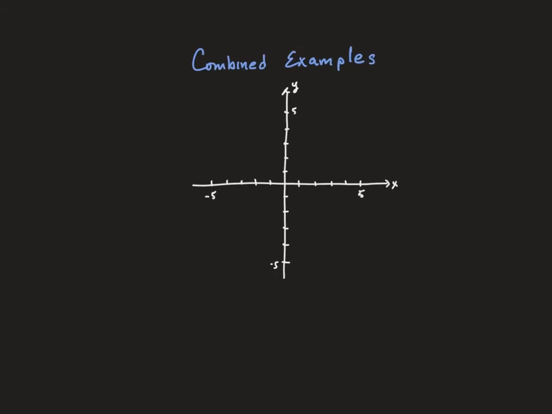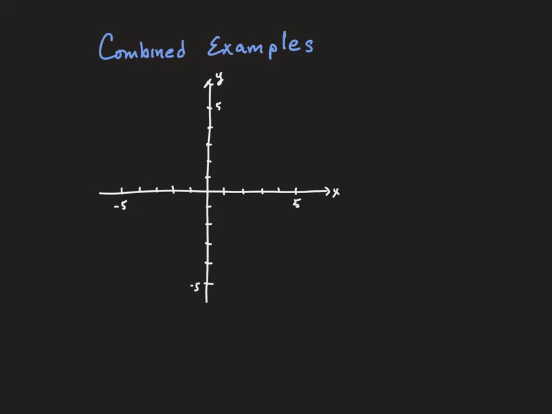So looking at combining these, if we have y is equal to x minus 2 squared plus 3, we're going to look at that and say, hey, h is greater than 0, so we are going to be going right 2, and then k, we are going to be going up 3.